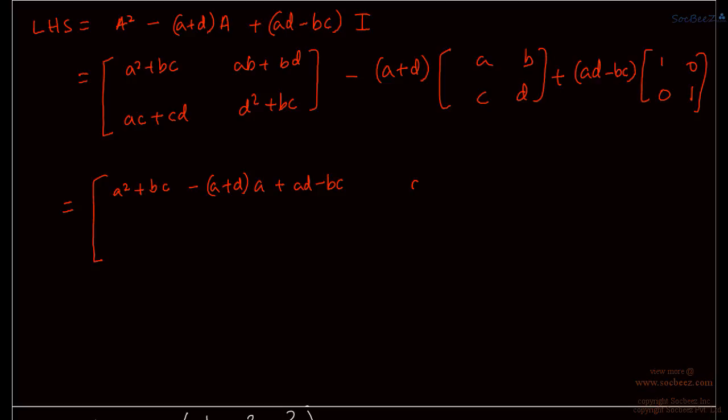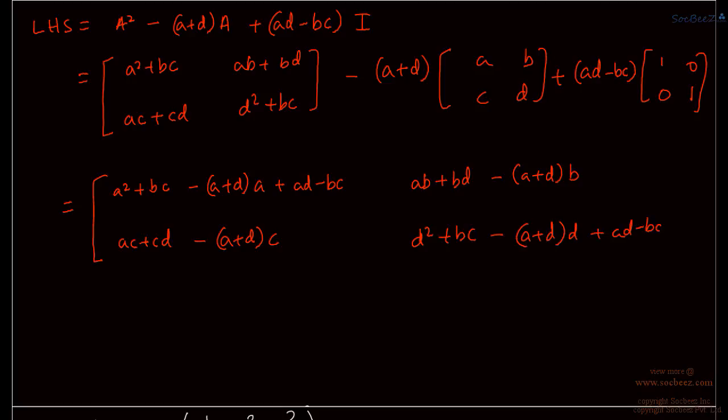The next one is ab + bd minus (a + d) into b; the last term is 0, so just this much. Then the third one, ac + cd minus (a + d) into c, and again 0. Moving to the last one: d² + bc minus (a + d) into d plus (ad − bc). Right? So this is the whole thing.